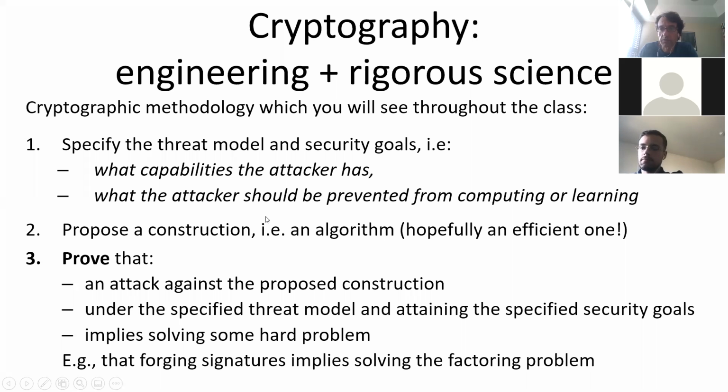So such a machine cannot exist. We know that there are some problems that cannot be solved by any algorithm. So information theoretically, I can say with certainty that guessing a random 100-bit string happens only with probability 2 to the minus 100. I don't need any assumptions for this.